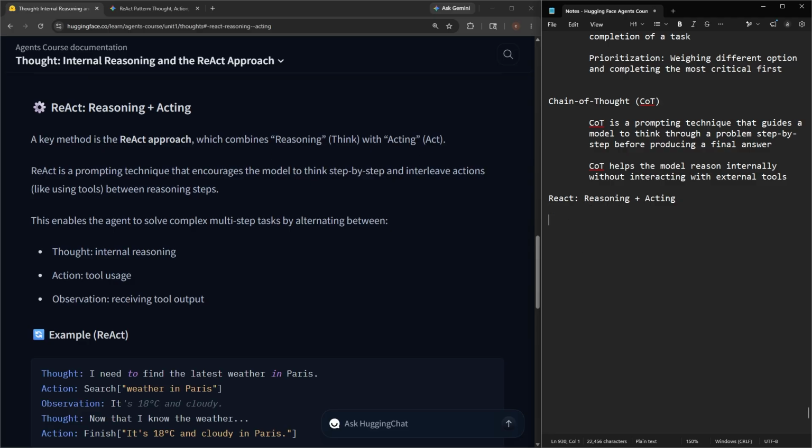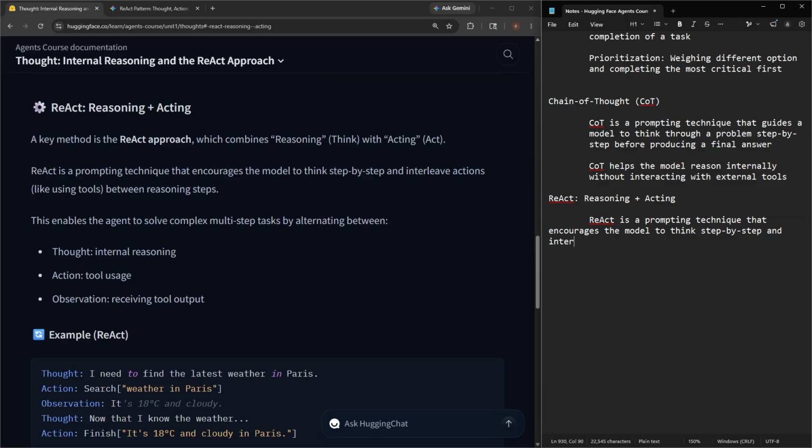ReAct is a prompting technique that encourages the model to think step by step and interleave. We know what that means.